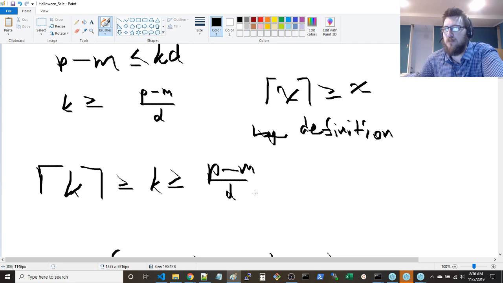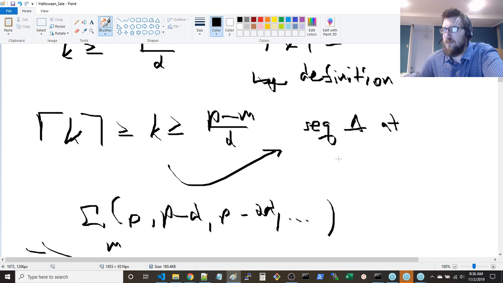So for this sequence, we actually want roof of k minus 1, really. The sequence changes at roof of k. Yeah, roof of k minus 1.